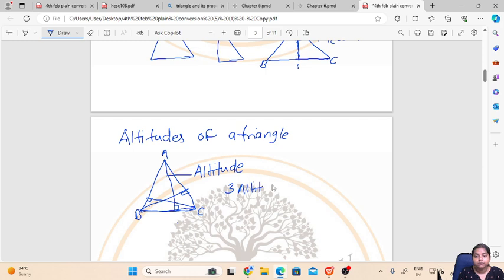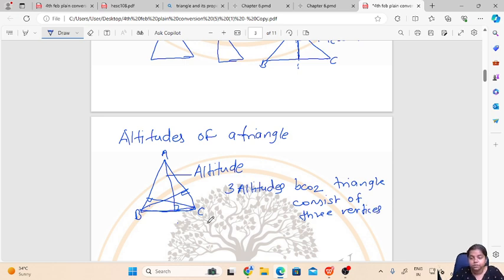Why? Because a triangle consists of 3 vertices, so there are 3 altitudes.